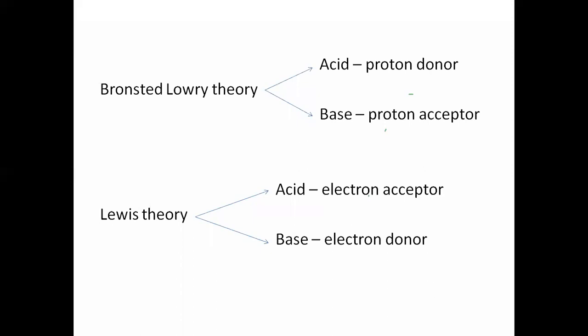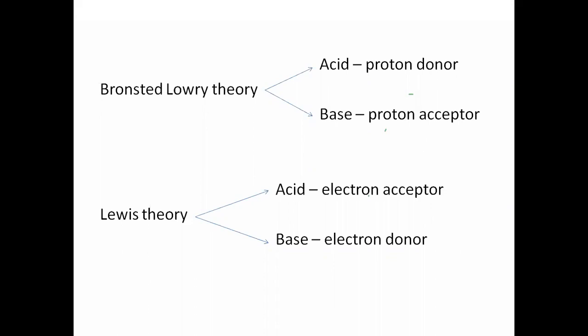The next idea was given by Bronsted and Lowry. According to their theory, acid is a proton donor, whereas base is a proton acceptor. Later on, several theories came, but they were not popularized.